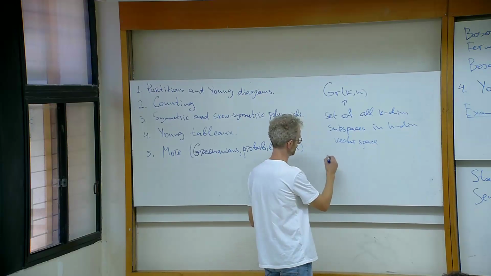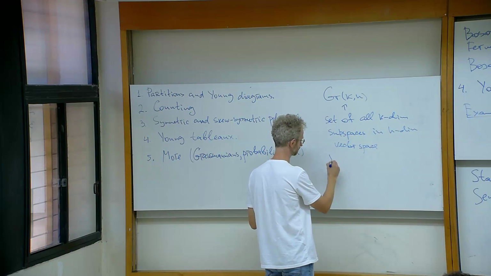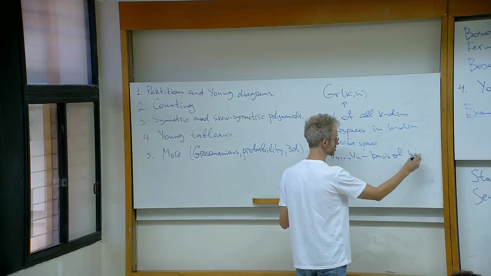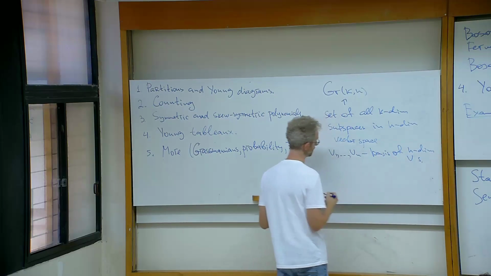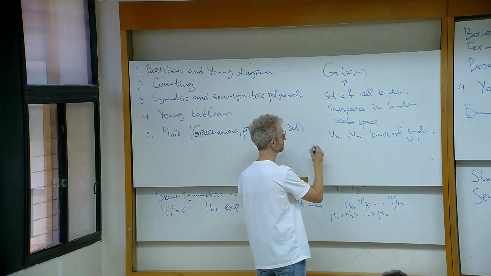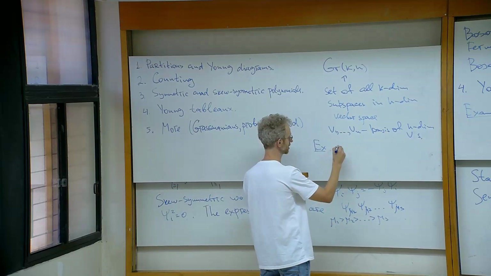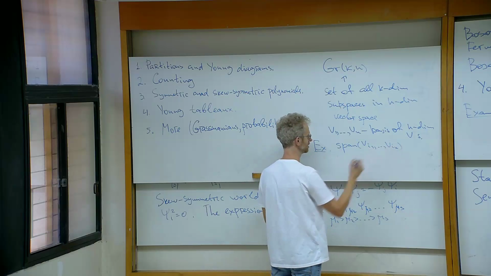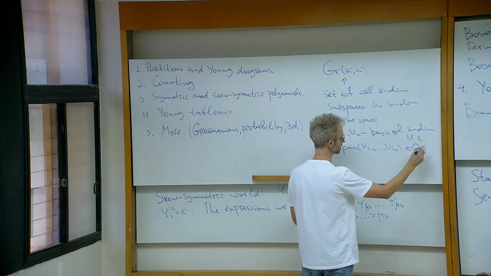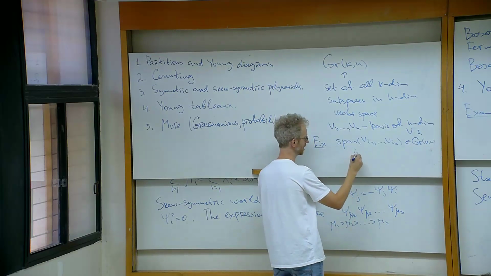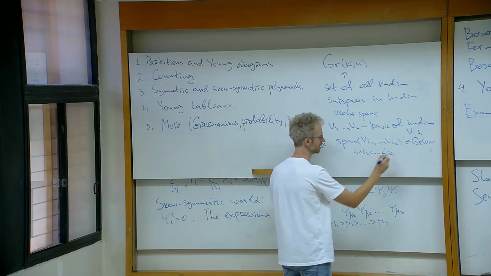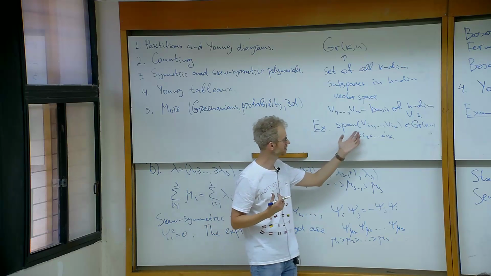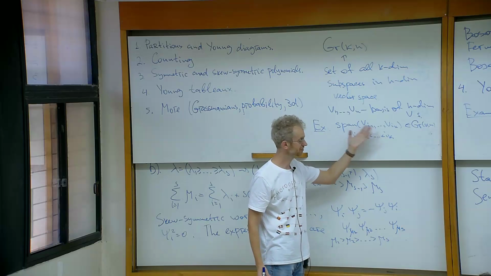If you have a basis, say v1 up to vn, of our n-dimensional vector space, then an example of a point in the Grassmannian is the span of v_i1 up to v_ik, where i1 is less than i2, and so on up to ik. So inside the Grassmannian you have some concrete special points, which are just linear spans of several basis vectors.